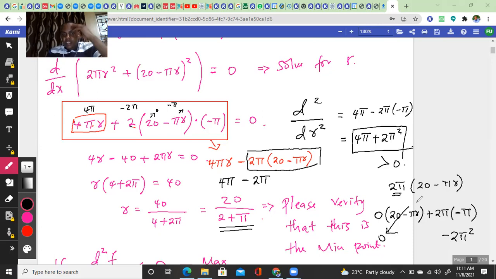I didn't see that before. It's a direct result of the product rule. I jumped the gun because I could see that the first part would become 0, so I went to the second part straight away, kept the 2 pi, differentiated the 20 minus pi r, got minus pi, and that was it. It was some sort of a shortcut.